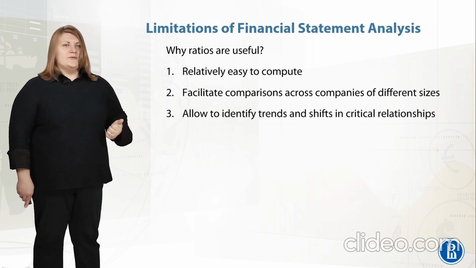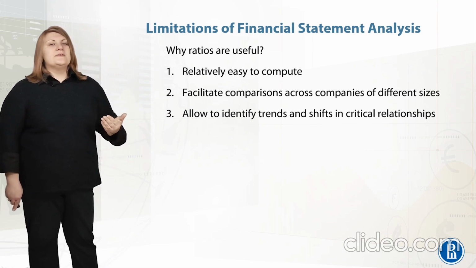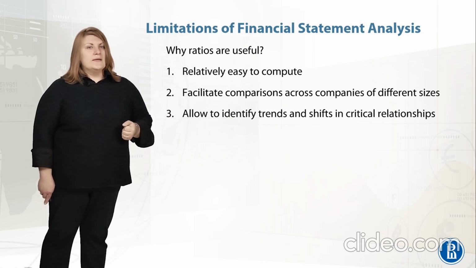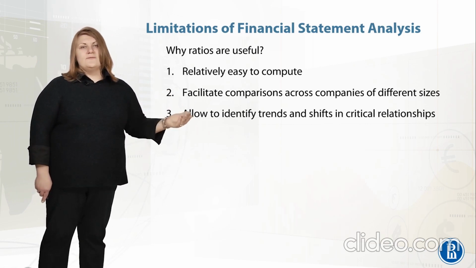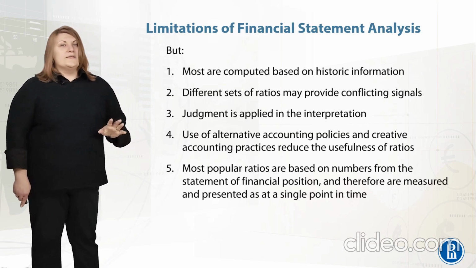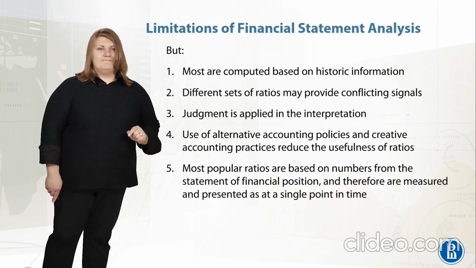So we will say that ratios are relatively easy to compute. The ratios will also facilitate comparisons across companies of different sizes and will allow us to identify trends and shifts in critical relationships. But let's now look at some limitations.